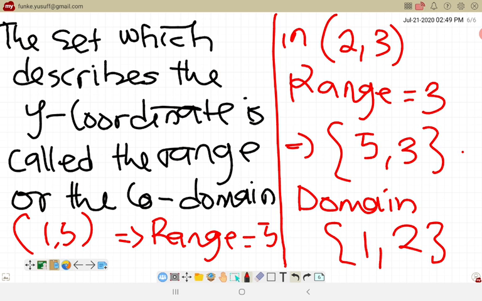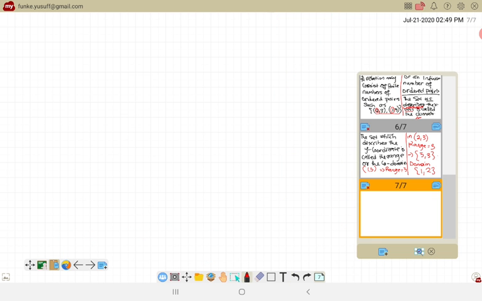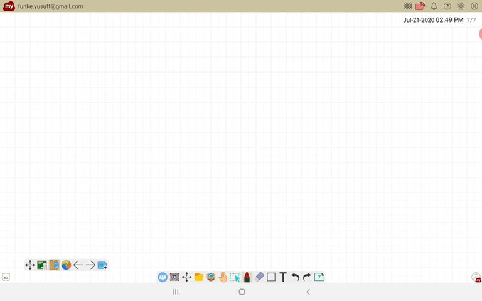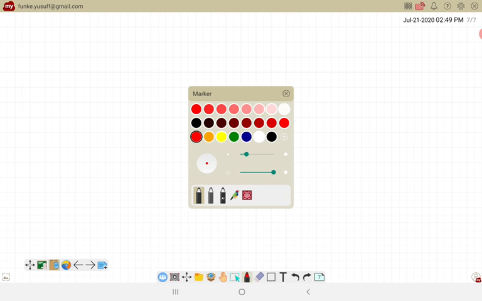Now, a relation is any set of points on the Cartesian plane.